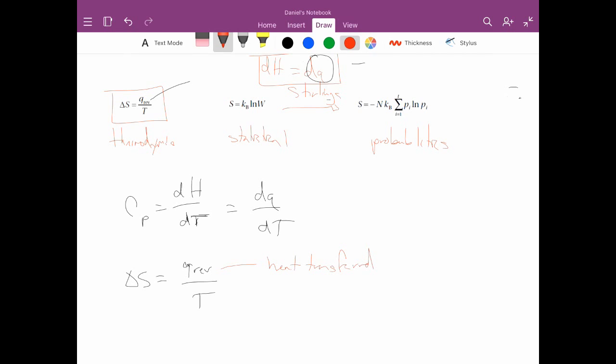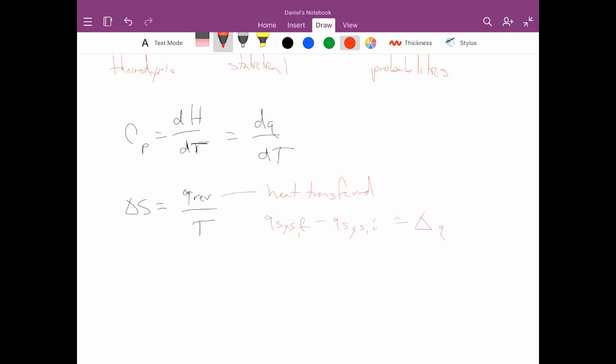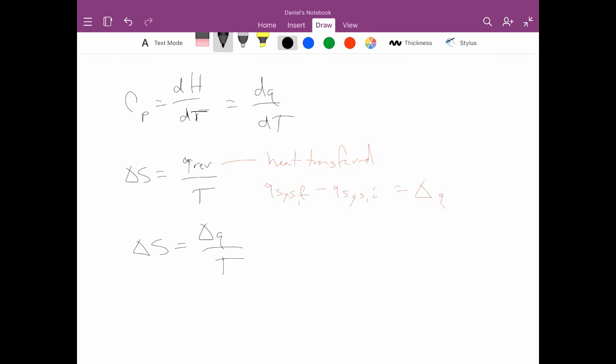So it's actually a change in the heat of the system, so the final minus the initial. So equivalently, you can rewrite this as delta S equals delta Q under reversible conditions over T. And if we write that in differential form, we can say that dS equals dq over T.